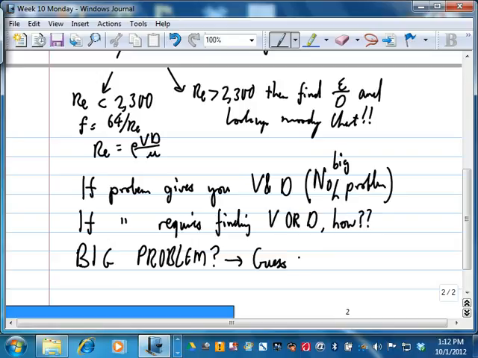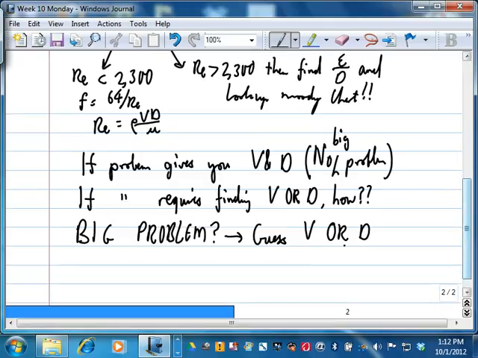Let's say you want to guess V or D, you need to guess just one. You cannot try to guess both, because then your problem is too loose. So for example, if D is not given, then you need to guess the diameter.